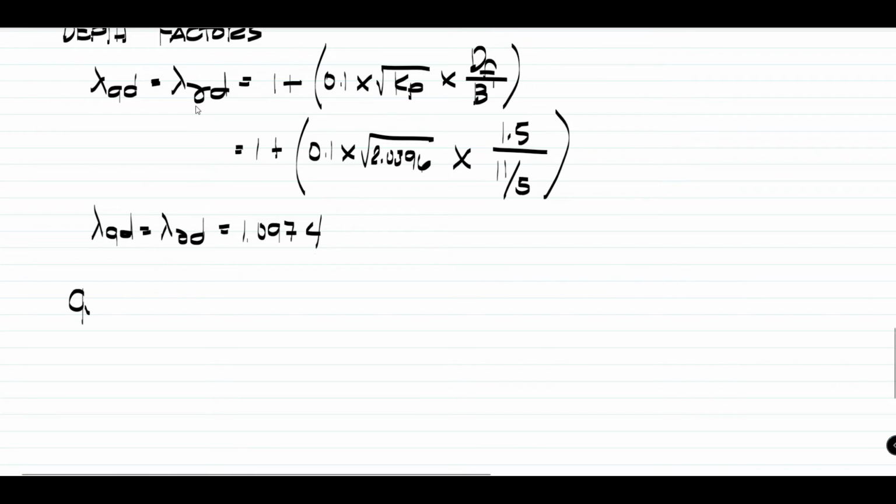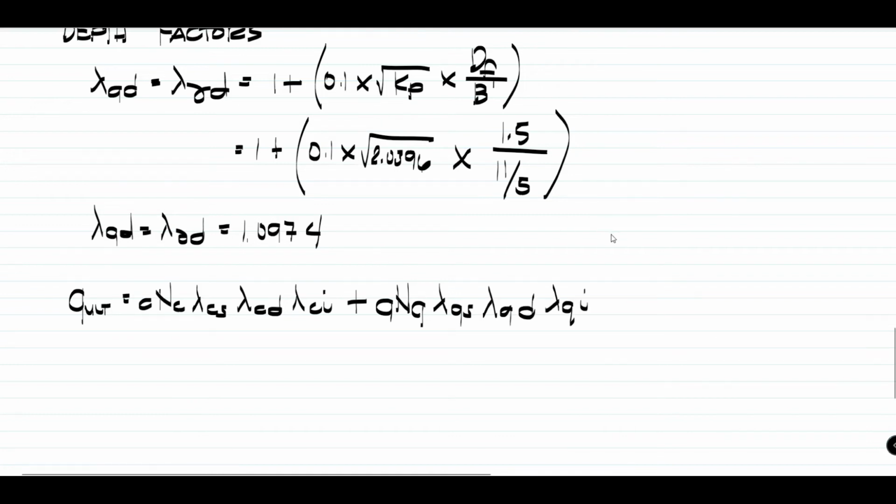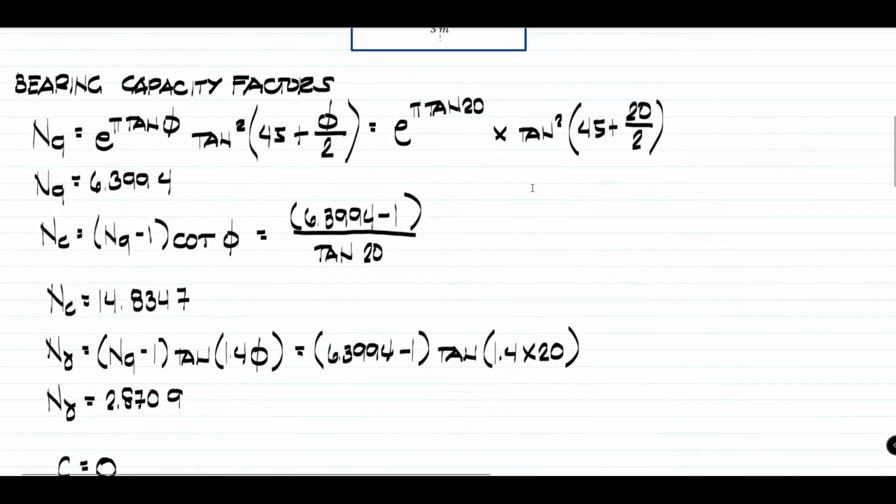So, syempre si Q ultimate will be from the Meyerhoff's bearing capacity equation, which is the CNC times lambda CS, lambda CD, lambda CI, plus the QNQ, lambda QS, lambda QD, and the lambda QI, plus 1/2 gamma B prime and gamma times lambda gamma S, lambda gamma D, and the lambda gamma I. So, dito yung gamma na gagamitin natin will be kung ano man yung nasa ilalim ng footing natin.